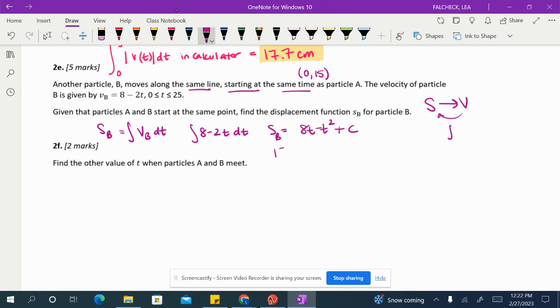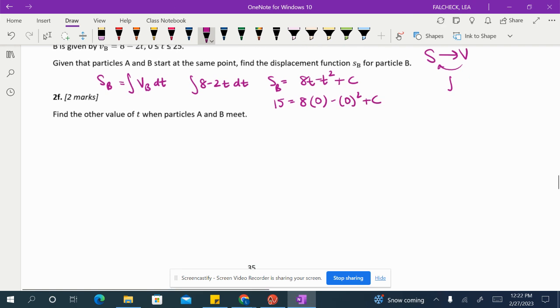So we can use that information in order to find that missing pesky little c. All right, so now we would get 15 is equal to c. And now we have our fantastic little position function.